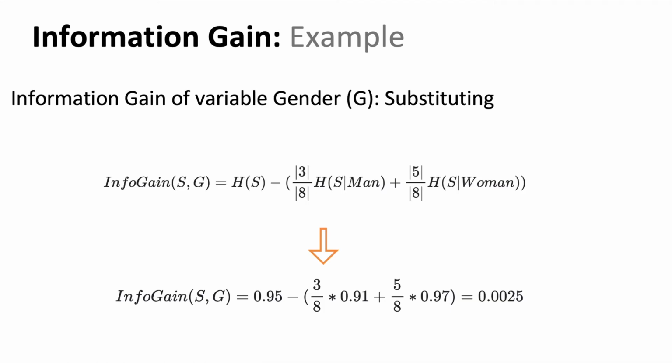As the opposite of entropy, where the higher the entropy, the worse the variable, in the case of information gain, it is better when the number is higher. And that makes sense because most of the entropies that we obtain from instantiating the variable gender are really high. So it means that after we know the values that the variable gender takes, the entropy stays high. So that means that the information gain is low, which means that the variable is bad.